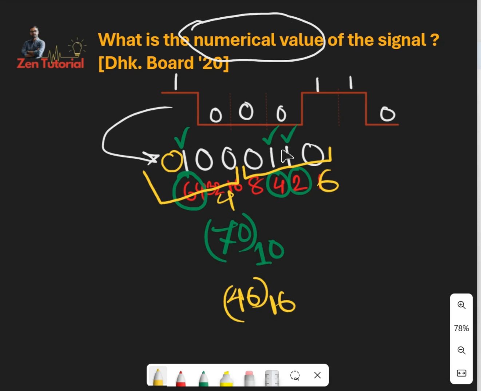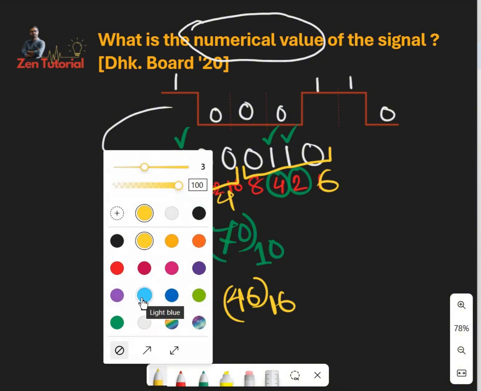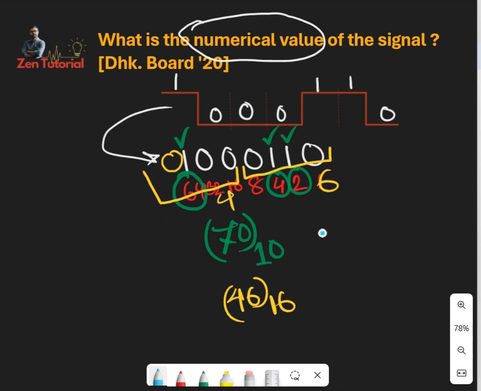And the octal value will be 3 bits. Let's change to a different color here. So for 3 bits, so this 3, afterward this 3, and afterward this 3. Here we actually add another 0.